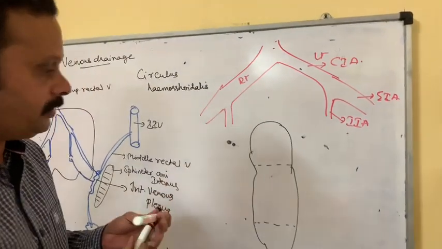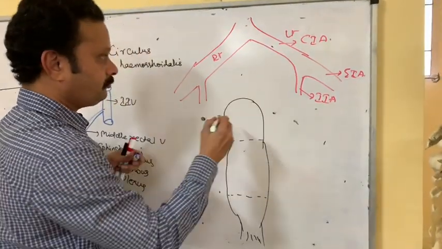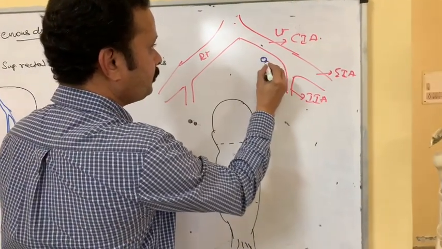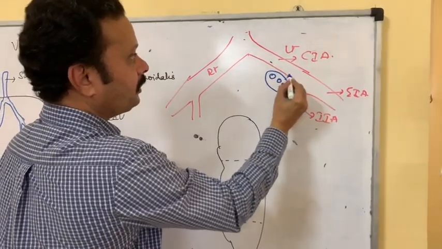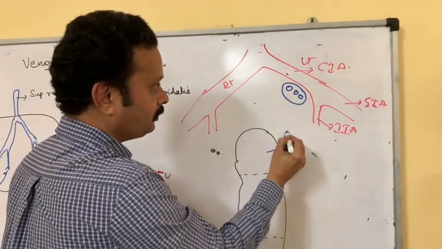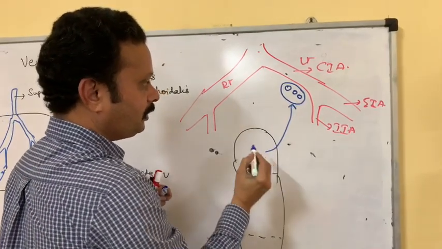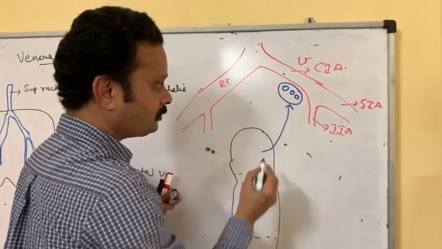So the lymphatic drainage of the upper part of the rectum drains into the left common iliac nodes. The lymphatics of the upper one-third of the rectum drain into the left common iliac nodes.